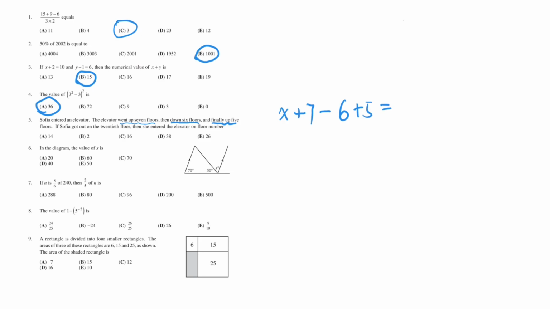She got out at the 20th floor. That's our equation. So x plus 7 minus 6, that's 1, plus 5, 6, equals 20. Move to the other side: 20 minus 6, that's 14. So the answer is A.